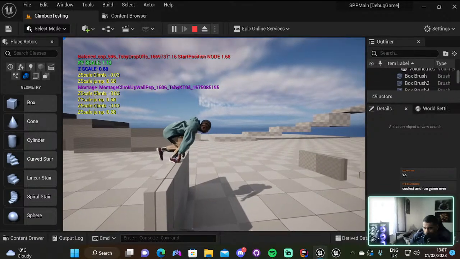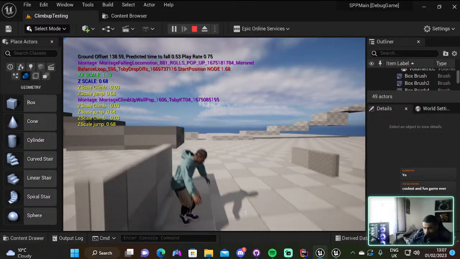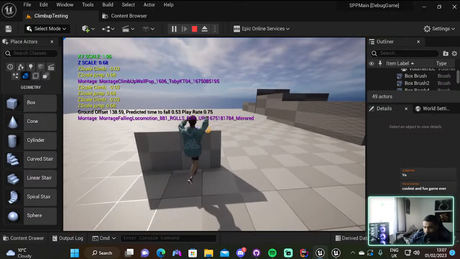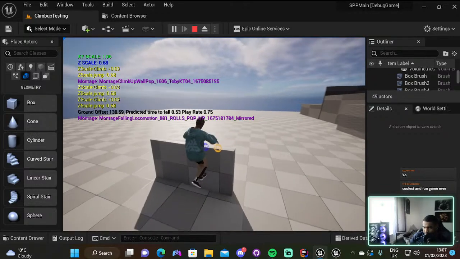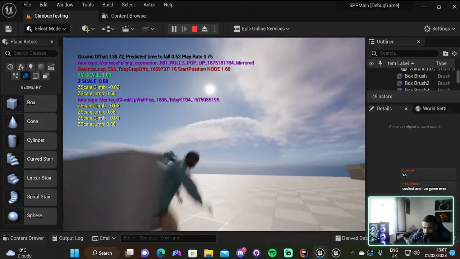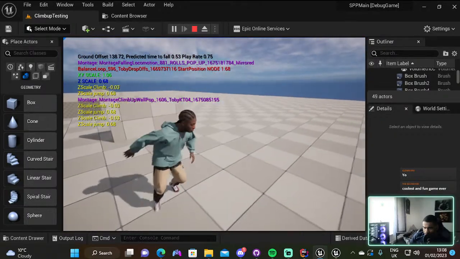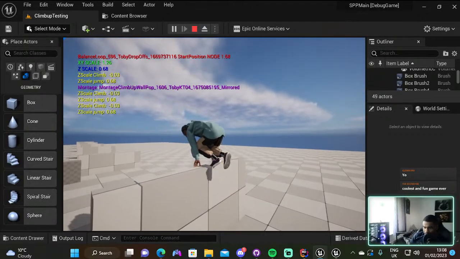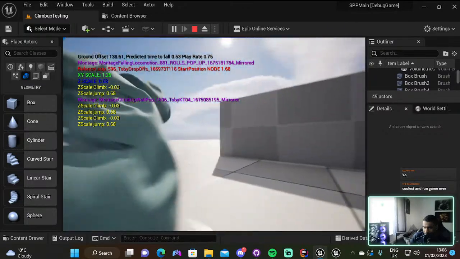See, why is this so wrong? See here, mine is saying my climb Z scale is minus 0.03, right? Which means that it has to go down, it can't just stay there. Yours is saying it just goes up or less.